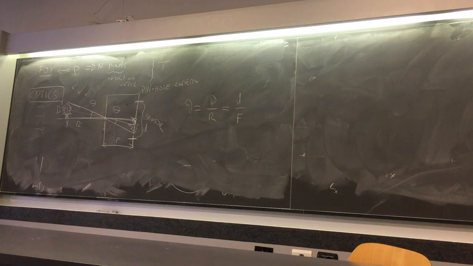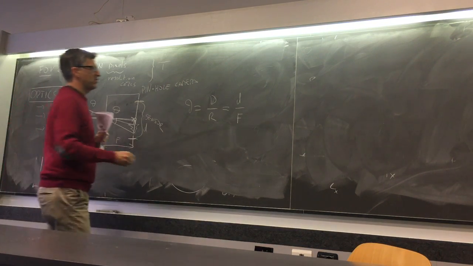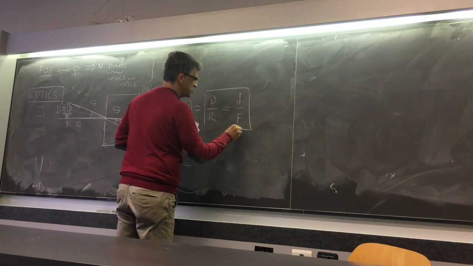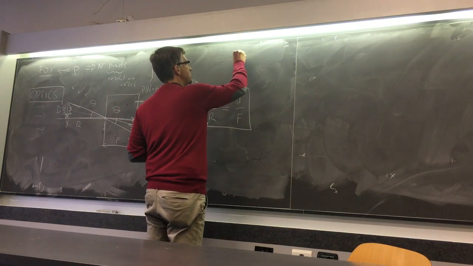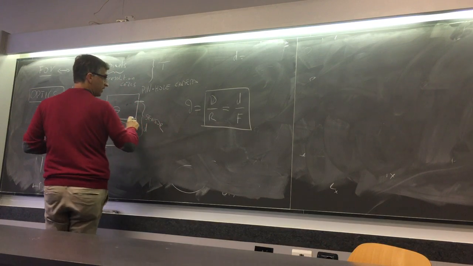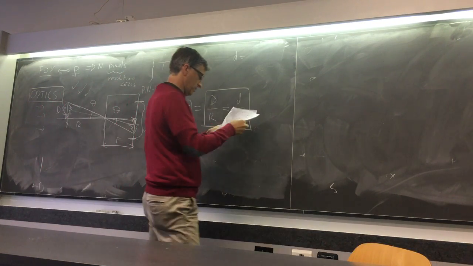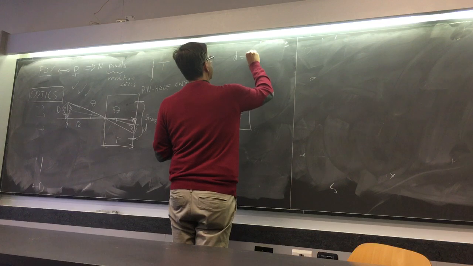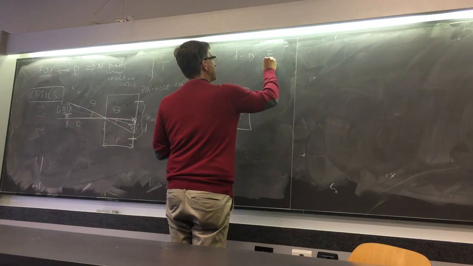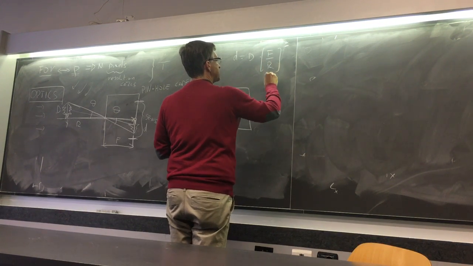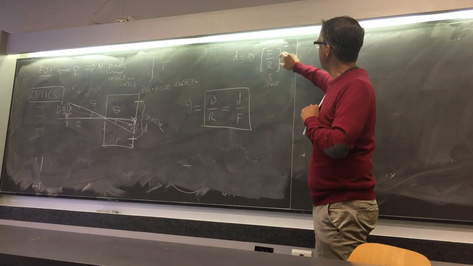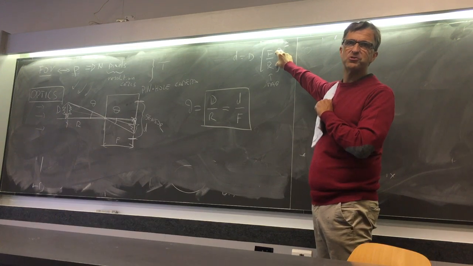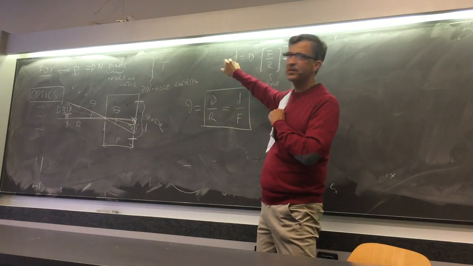Okay? Then this is important because this is a very simple relation that relates the size of the image on the sensor to the size of the true image of the camera multiplied by this ratio, F divided by R. This is the magnification. It is how big or how small the field of view becomes in your camera.